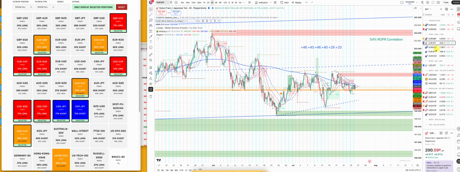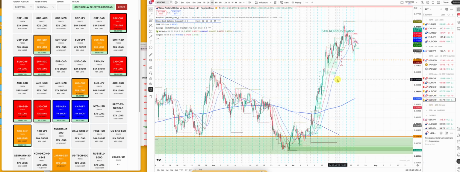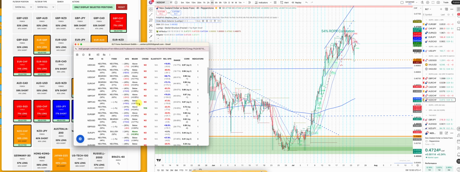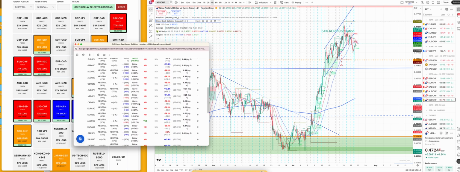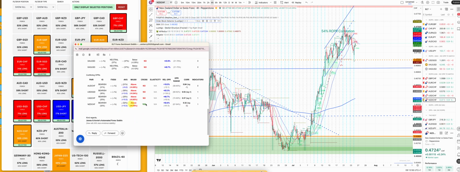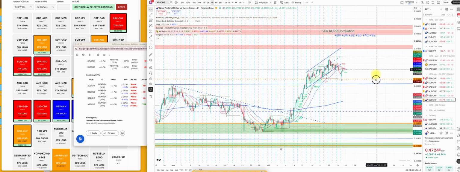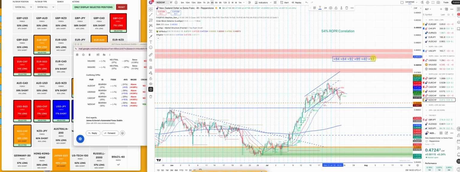Kiwi Swiss. Again, probably not out of alignment. Plus 92 is very bullish on the relative OPRs. No change there. Okay. Let us think.